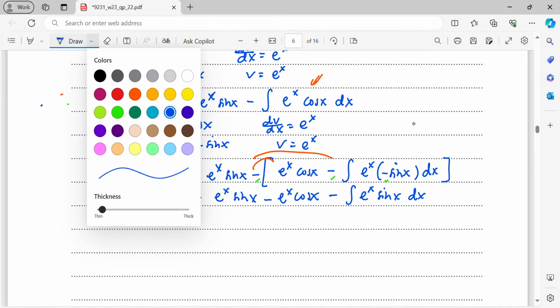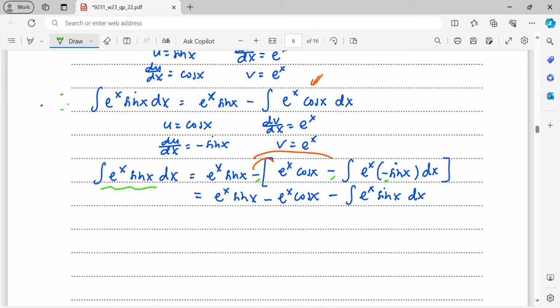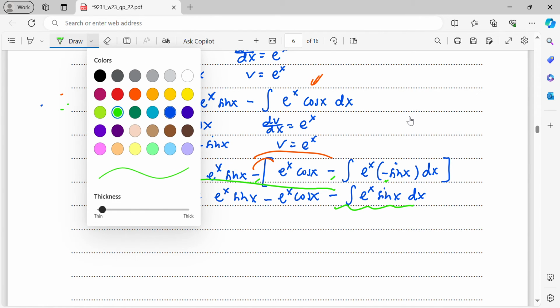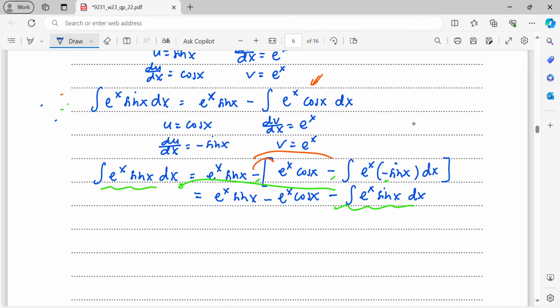Now, here is e^x sin x, here is minus e^x sin x. That means we have to move this integration to the left side. When you move this minus to the other side, it becomes plus. So I will get 2 times the whole integration, equals e^x, and from the right side I can factorize the e^x because the e^x is common now.